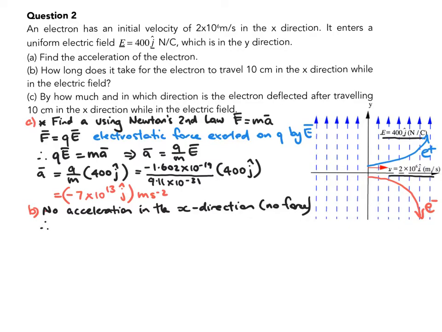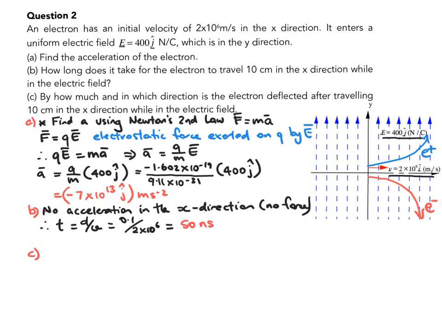Therefore, the time taken is just going to be from velocity equals distance over time, so distance over velocity, which is 0.1, so 10 centimeters, divided by the velocity, which was quite large, 2 by 10 to the 6, which is equal to 50 nanoseconds. So it takes this electron 50 nanoseconds, coming in quite hot, to traverse 10 centimeters.